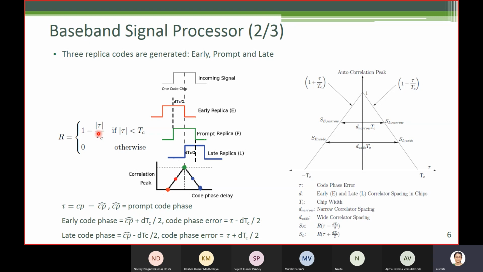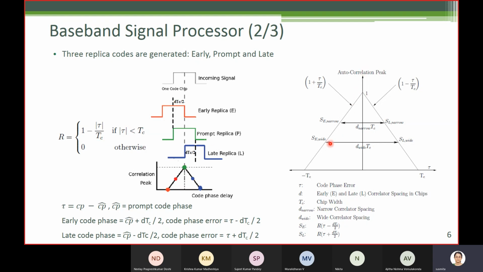If you represent TC in chips, then TC is equal to 1, and tau will also be in chips. So we can have this representation either in seconds or in chips. TC should be in seconds if you want it in seconds, and in chips if you want it in chips. When you express it in chips, TC is equal to 1 chip. We already discussed this; I am just quickly saying it again.